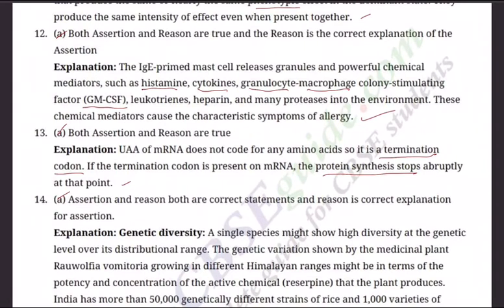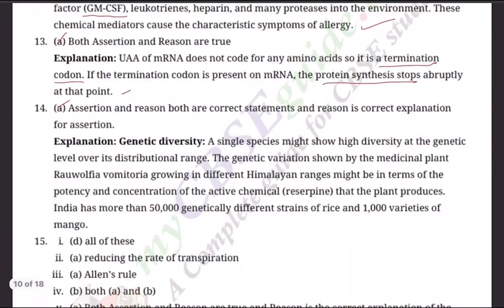Next, question 14. Again, A is the answer. Assertion and reason, both are correct statements, and reason is correct explanation for assertion. Explanation: genetic diversity. A single species might show high diversity at the genetic level over its distributional range.